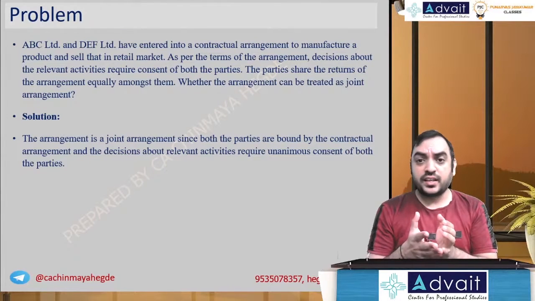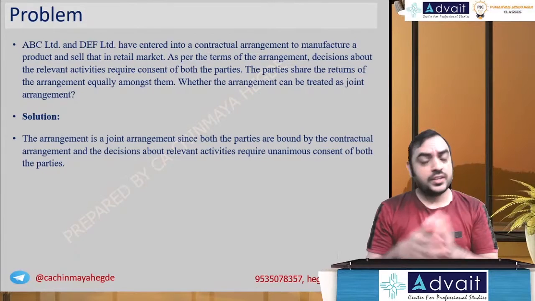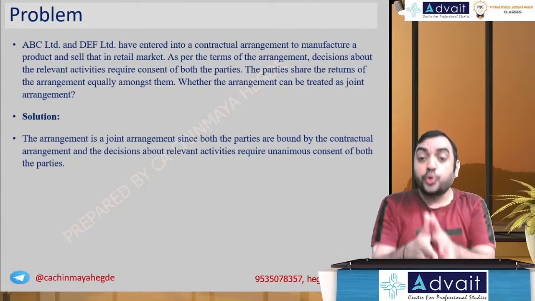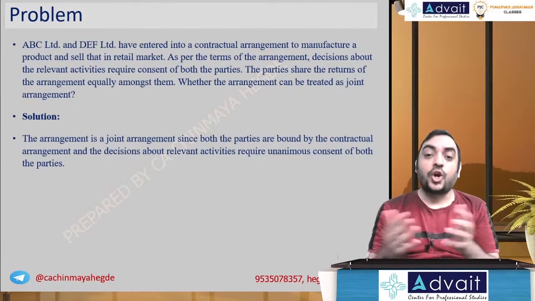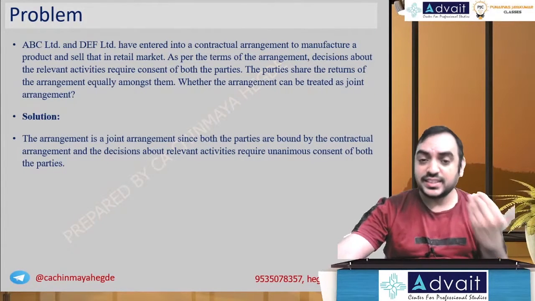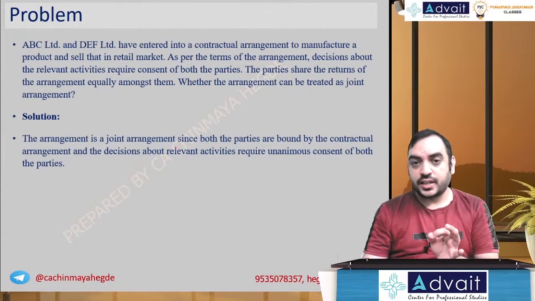So one party can stop another party from taking the decisions. In other words, unless both of them agree unanimously, a decision cannot be taken. So this is a clear case of joint operation. So the arrangement is a joint arrangement.